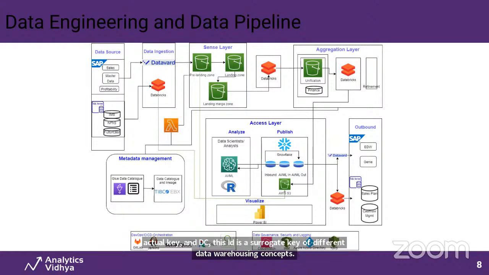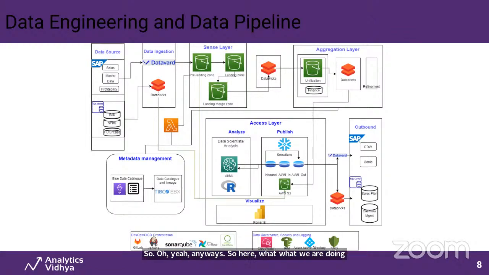So anyway, here what we are doing is either we truncate and load the data, or we can even have some incremental data. When I say incremental data or the delta data, we always see some IDs coming every day. Let's take an example of any shopping website.